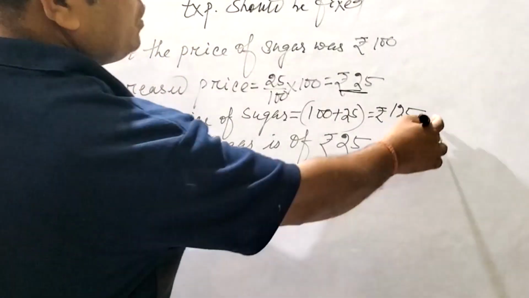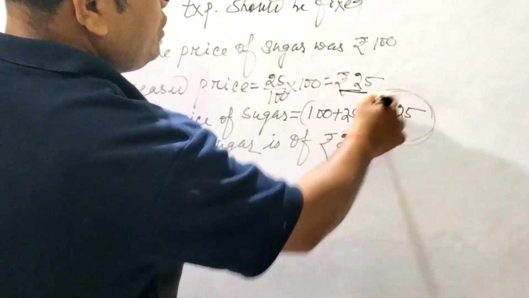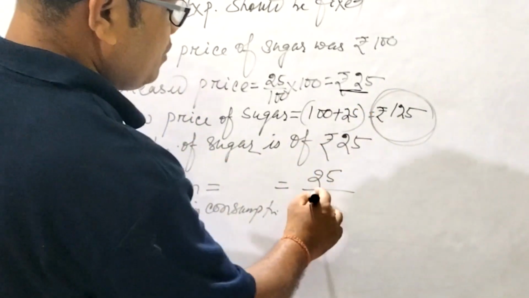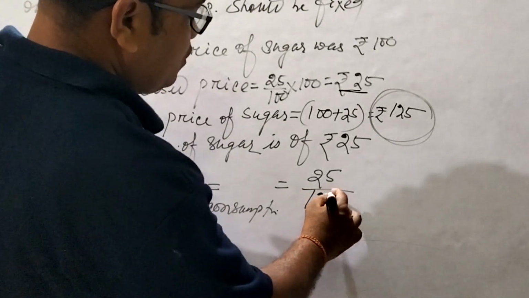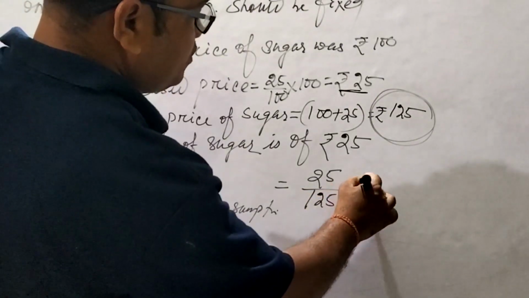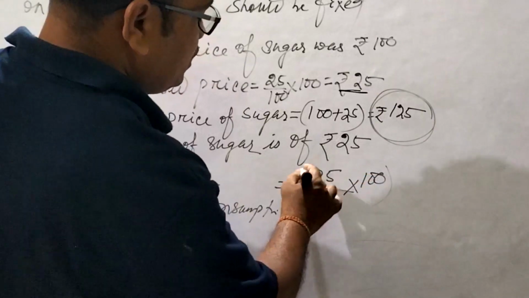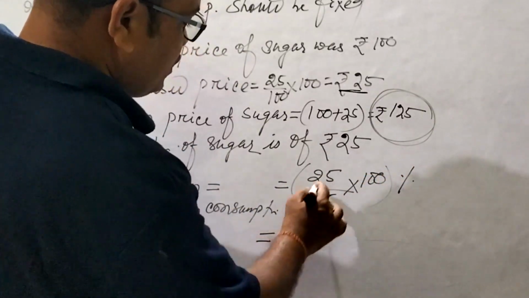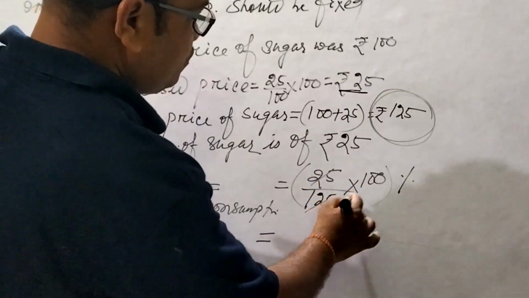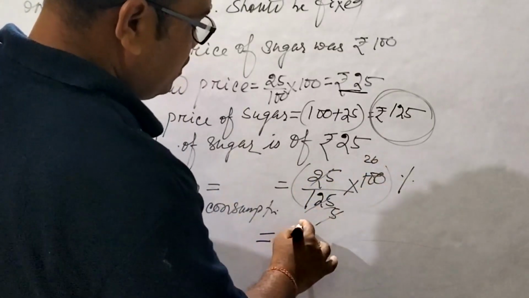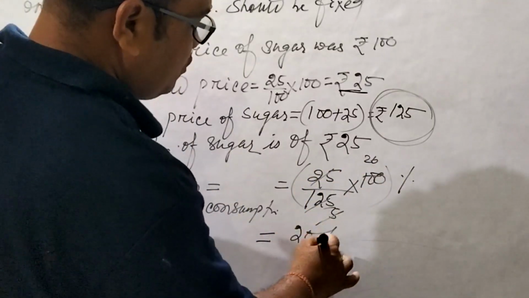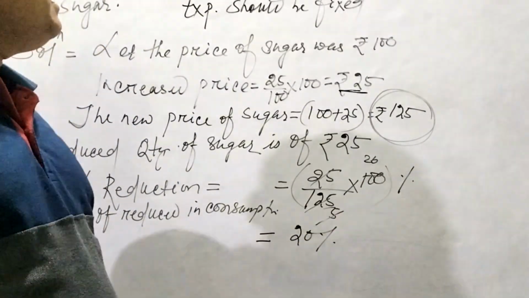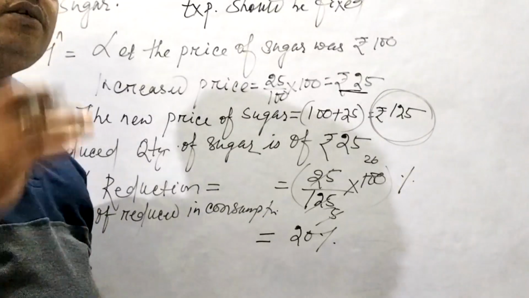As it is 125, you have to reduce 25 rupees from 125, so it will become 25 out of 125 into 100. Put the percentage sign, it would be your answer. This is 20%. The percent would be 20%. 20% of the consumption should be reduced.